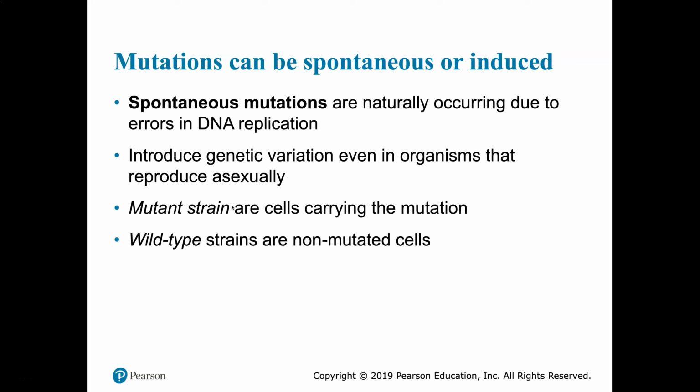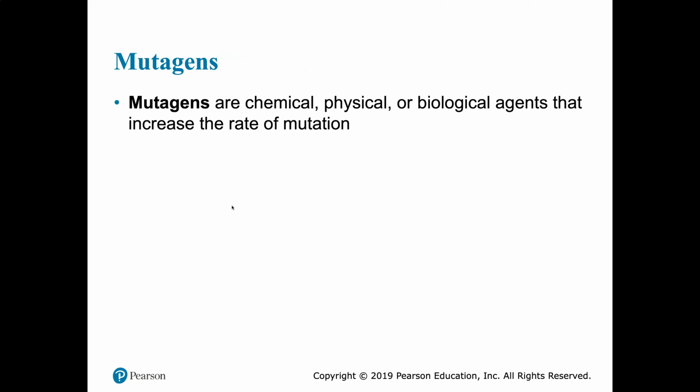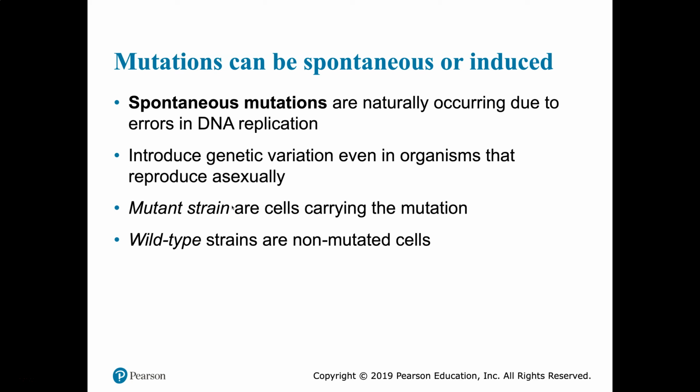I've talked about spontaneous mutations. These are just random ones that happen but are very rare. So, spontaneous mutations, they happen, it's rare, okay? There are mechanisms to prevent this from happening. Now, spontaneous just means it happens because it happens.